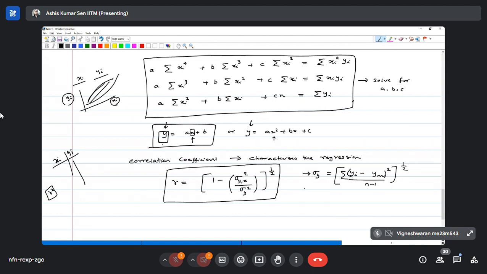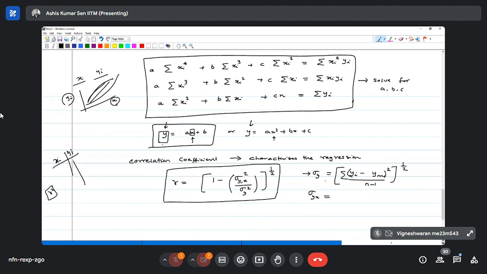Now, what is sigma yx? Sigma yx is basically the sigma value that is computed from the correlation. Okay, so this is the standard deviation which is computed from the correlation, not from the data.